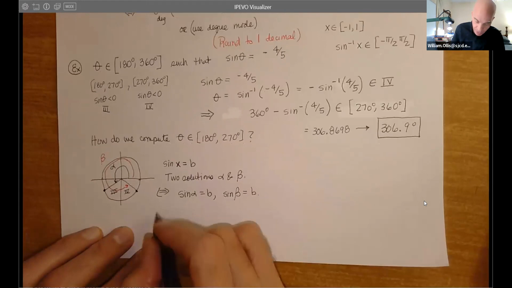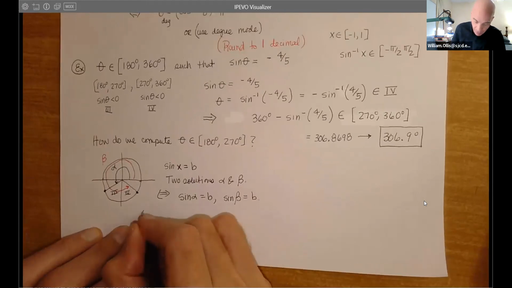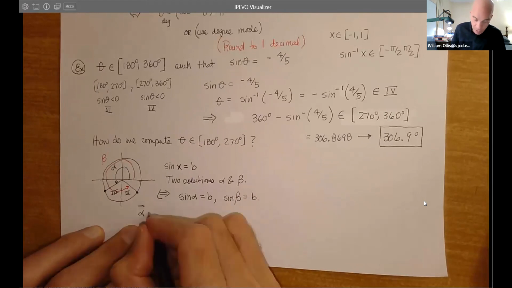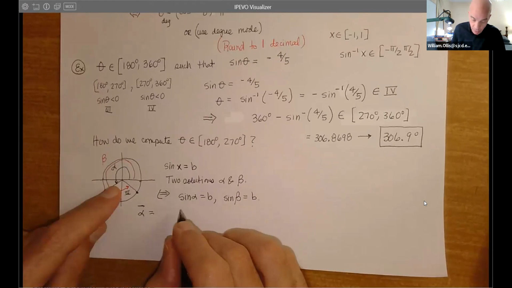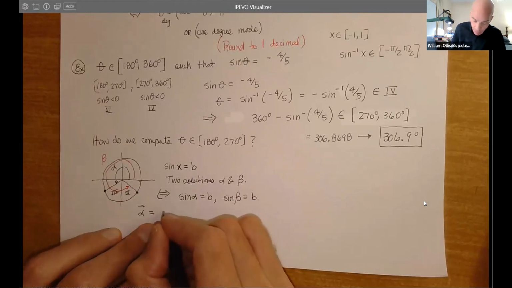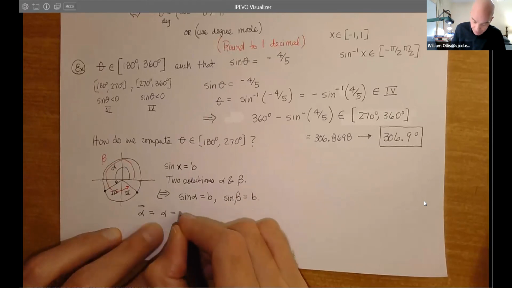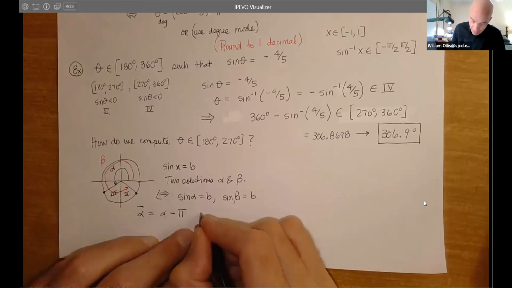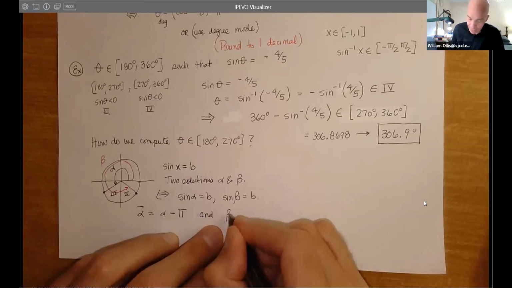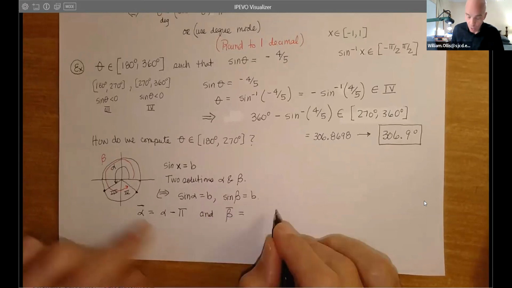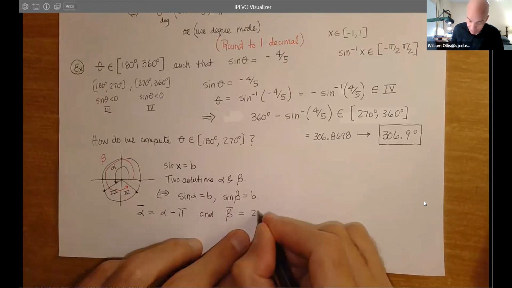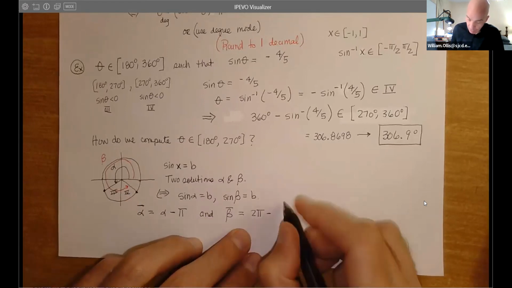In this case, we have alpha bar, which lives in the third quadrant. Well, in this case, just be what? Alpha minus pi, and beta lives in the fourth quadrant, so its beta bar, so to speak, will be 2 pi minus beta.